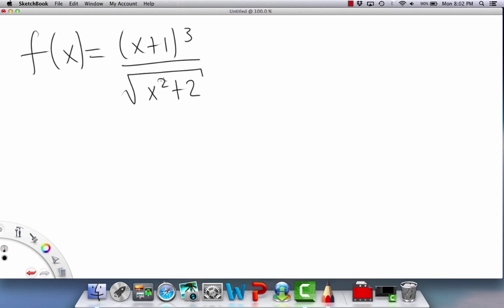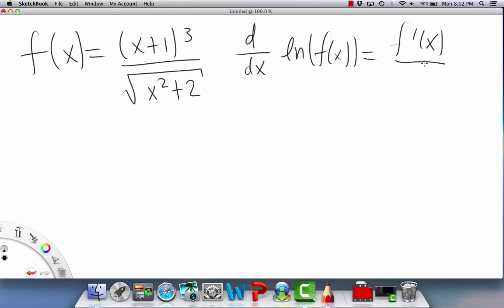So let's do it the ln way. So we can use the property, I'll write it up here, of the derivative of ln f of x equals the derivative over the original function. Okay, so we're trying to get to this.